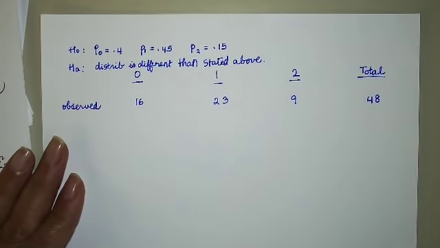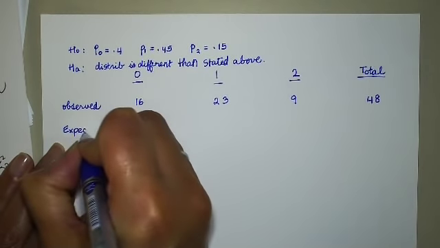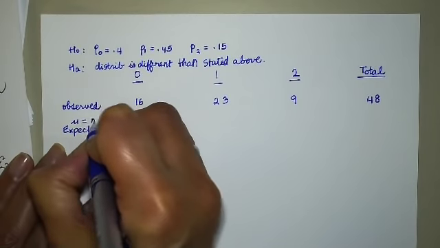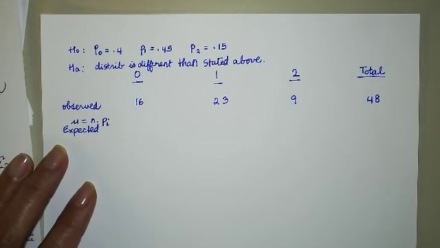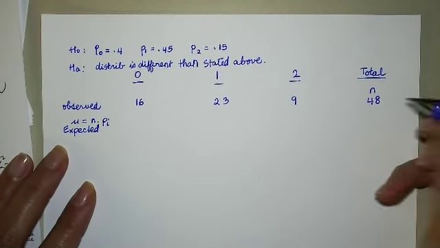So it's my job to find the expected count, expectation. So mu equals n times pi. So n is 48.